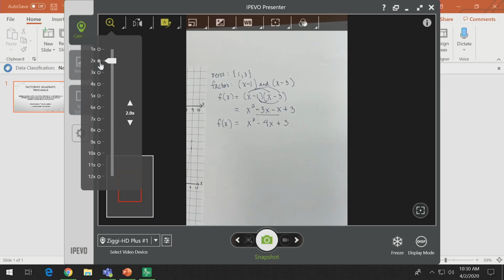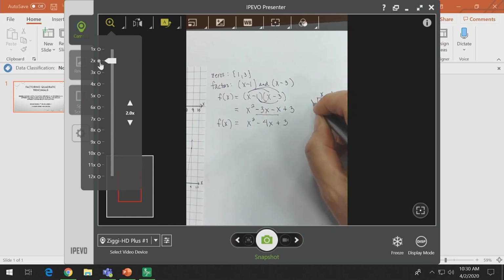So for those that want to look at the array, I'll put that right here. We're going to take x minus 1 here, and to label the rows over here, we'll take x minus 3. So when we take x times x, we get x squared. When we take x times -1, we get -x. When we take -3 times x, we get -3x.